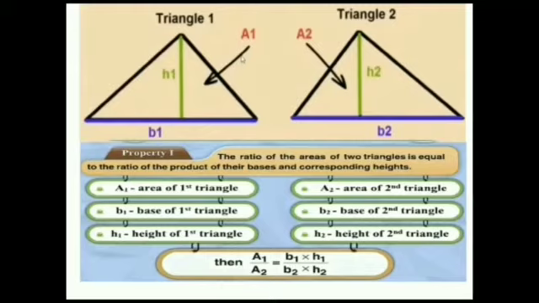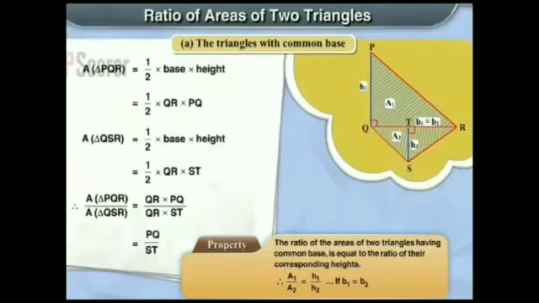Suppose some conditions are imposed on these two triangles, then we get different conditions. Let's see them one by one. Condition 1. The triangles with common base.